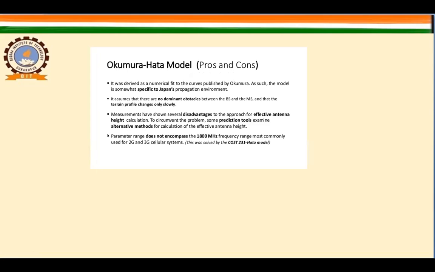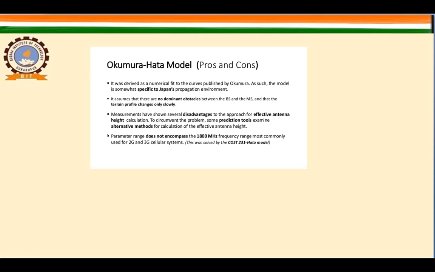Another pro and con is that it is derived as a numerical fit to the curves published by OKUMURA, so the model is somewhat specific to Japan's propagation environment. It assumes that there are no dominant obstacles between the transmitter and the receiver, only line of sight, and that the terrain profile changes only slowly.